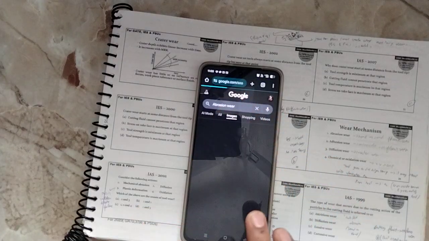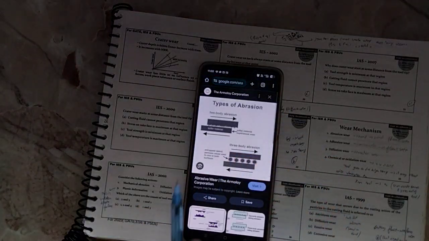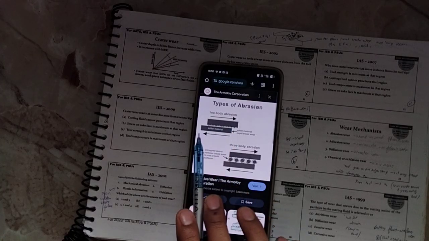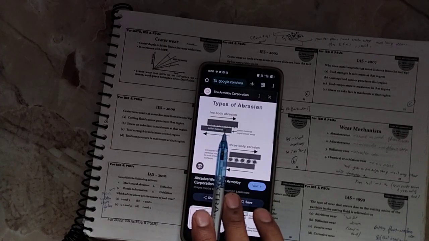You can see this is a hard material and this is a soft material. While moving like this, abrasion wear definitely occurs.